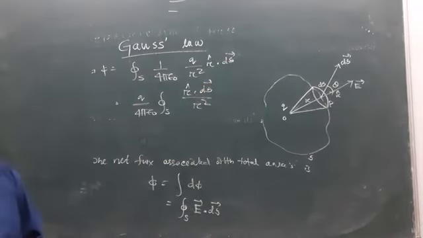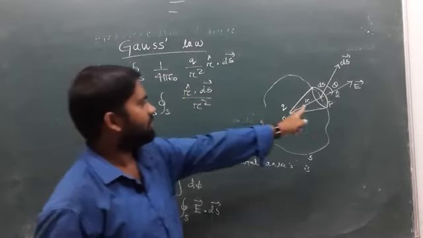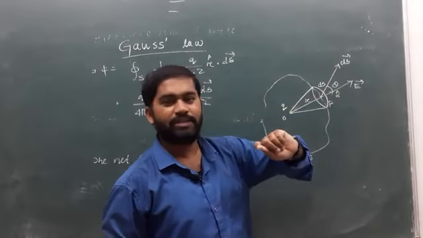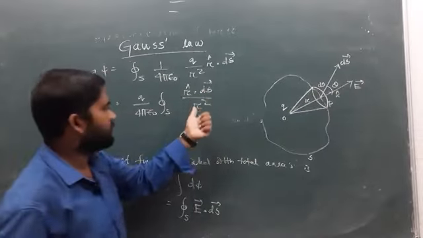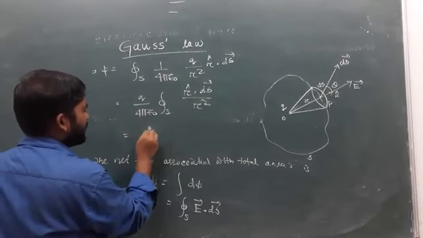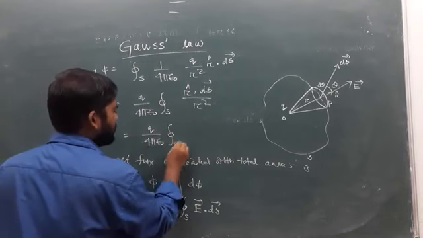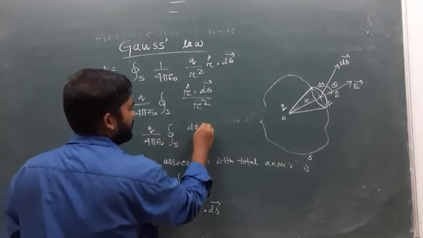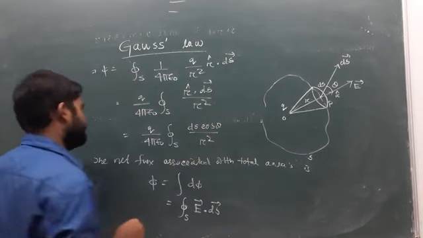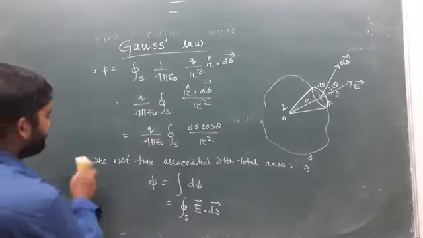R cap is a unit vector and ds is a vector, the angle between them is theta, and there is a dot product, so there must be a cosine of the angle. So that is q by 4 pi epsilon 0 closed integration S ds cos theta divided by r square.